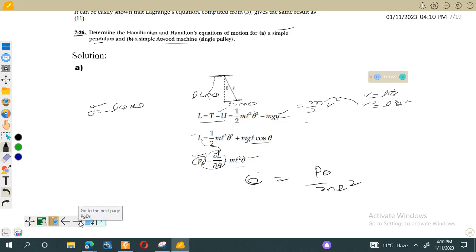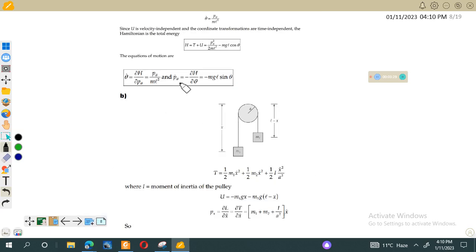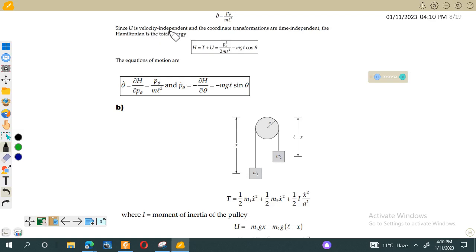Then we have the Hamiltonian: since U is velocity independent and the coordinate transformations are time independent, the Hamiltonian is the total energy. So H is equal to p theta theta dot minus the Lagrangian.